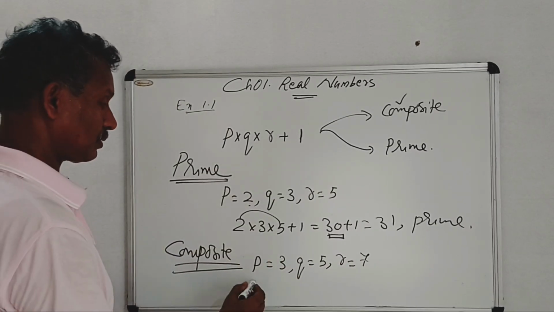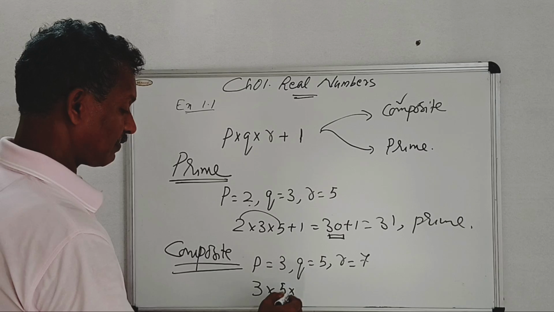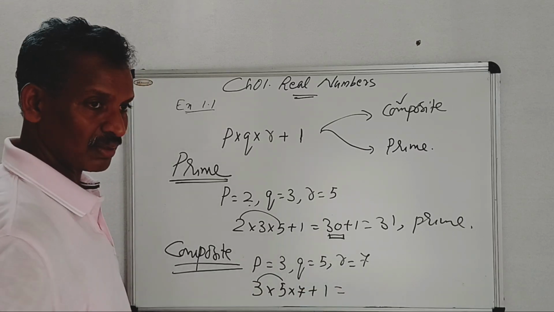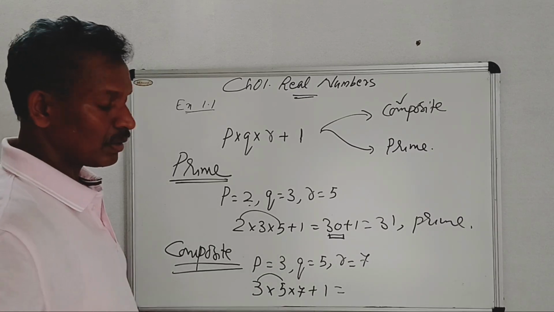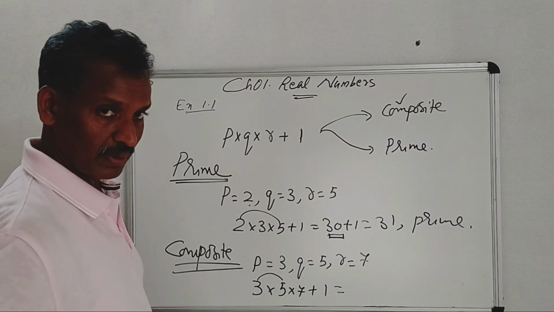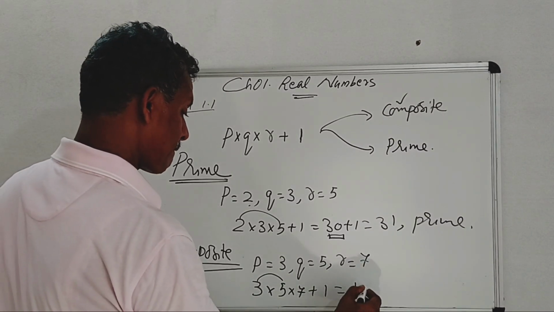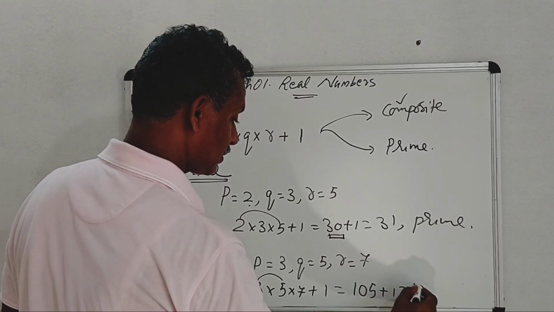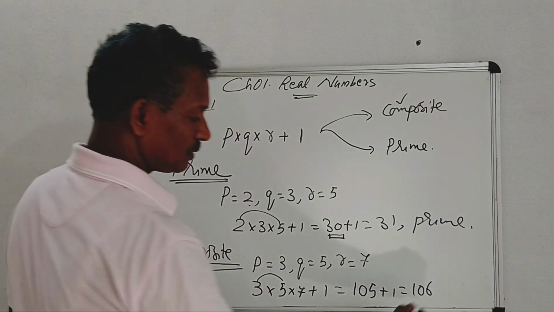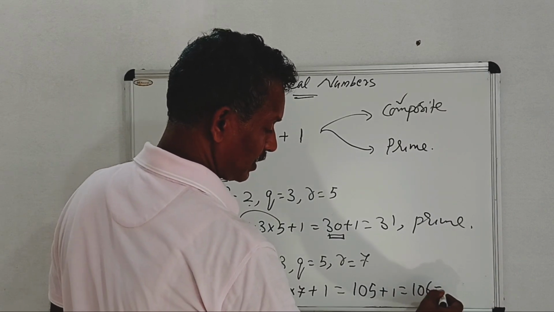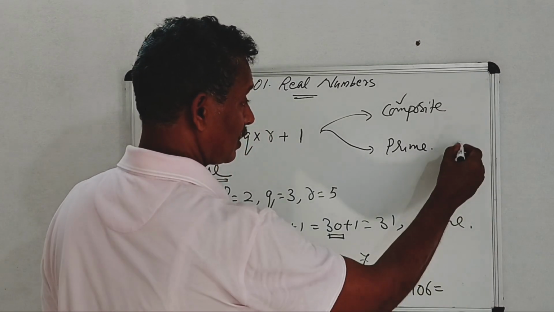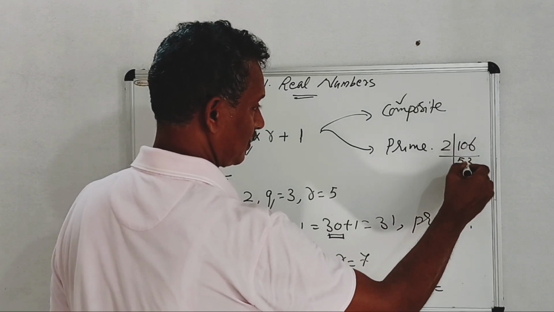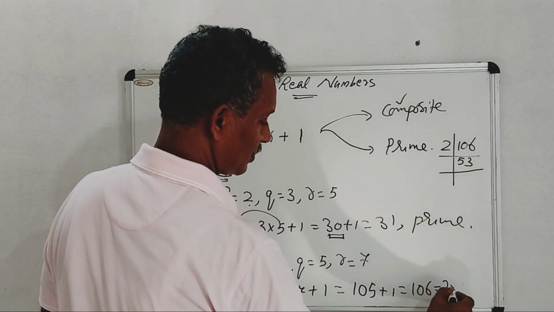Okay, let's try this: 3 into 5 into 7 plus 1. 3 into 5, 15, 15 into 7, it is 105, plus 1, it is 106. 106 is an even number, or we can factorize this 106 as divided by 2, it is 53. 53 is prime, so 2 into 53.